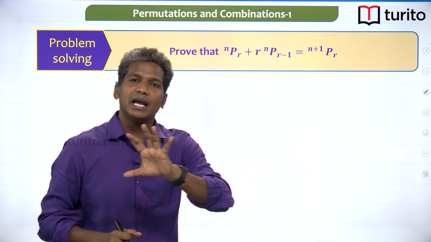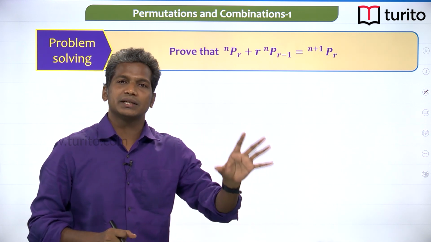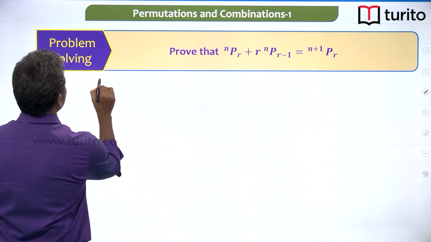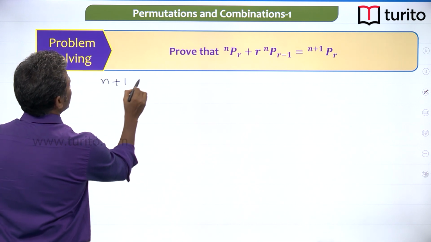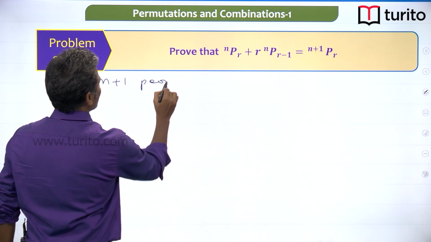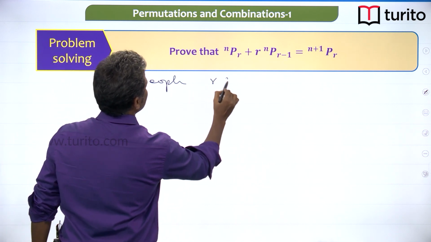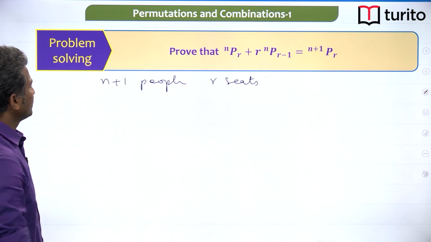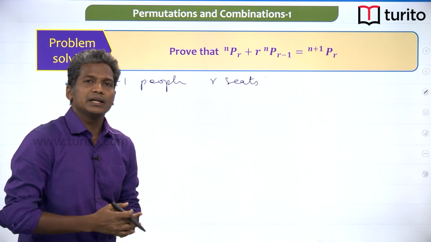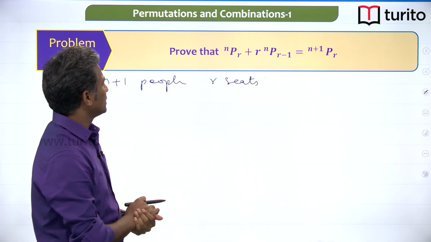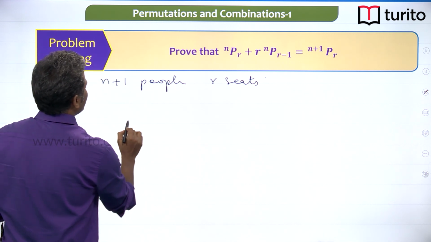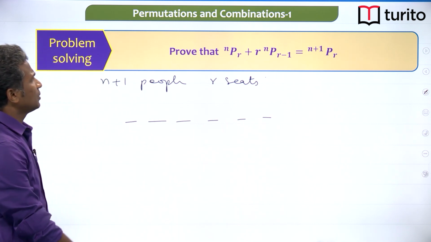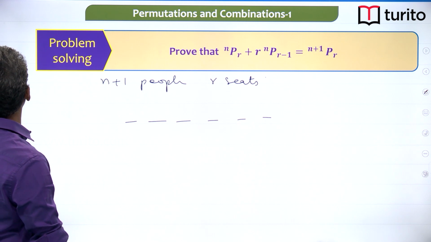Let us say there are n people and there are r seats. So, let me take n plus 1 people and r seats. Or let me just do it in a different way.